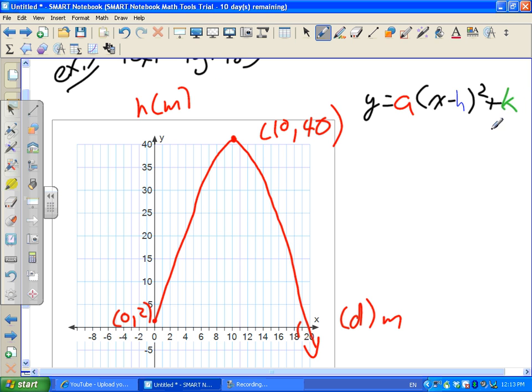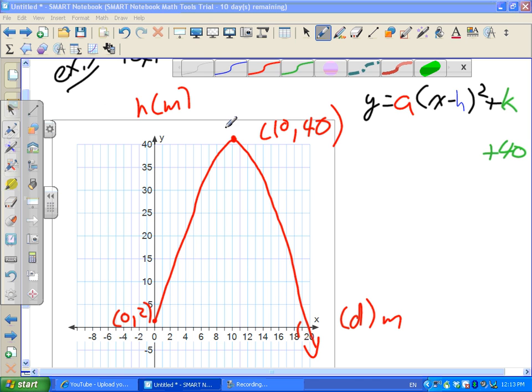We have these values. According to our vertex, this is our k value right here. The y value of our vertex is 40, so I can replace k with the number 40. So we know k is positive 40. I'm just going to write out the rest of the spots so that we have something to fill out.